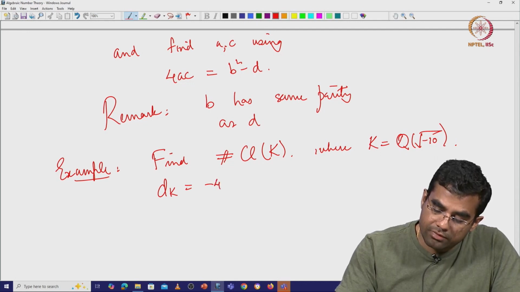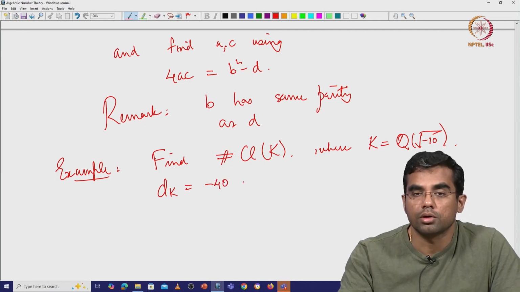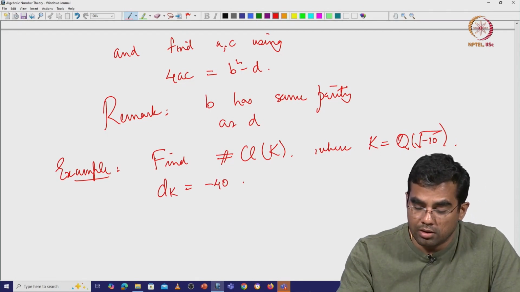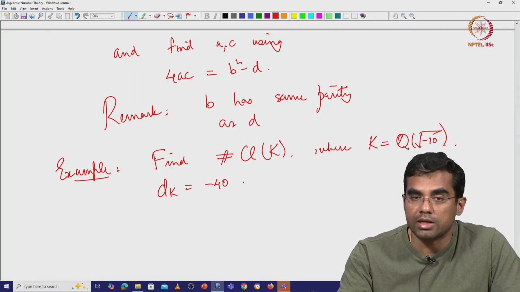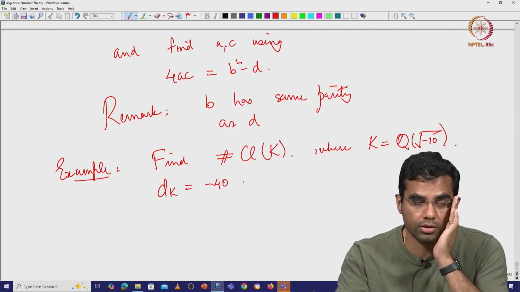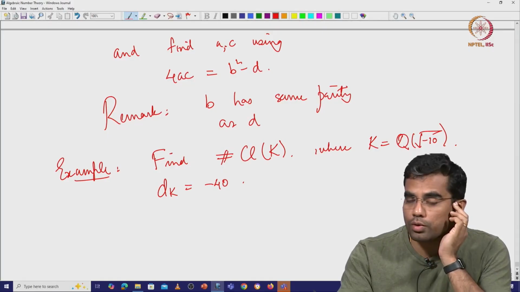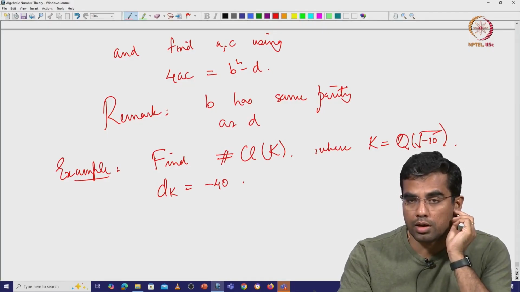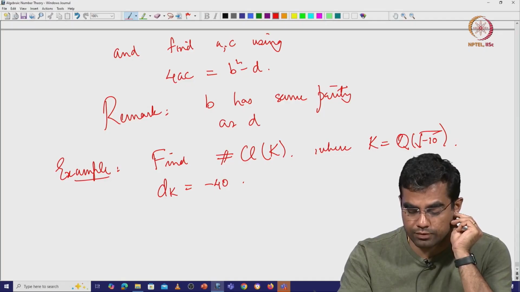This is minus 40, because minus 10 is 2 mod 4, and so if you are taking Q of square root of m and m is 2 mod 4, then the discriminant is 4m.